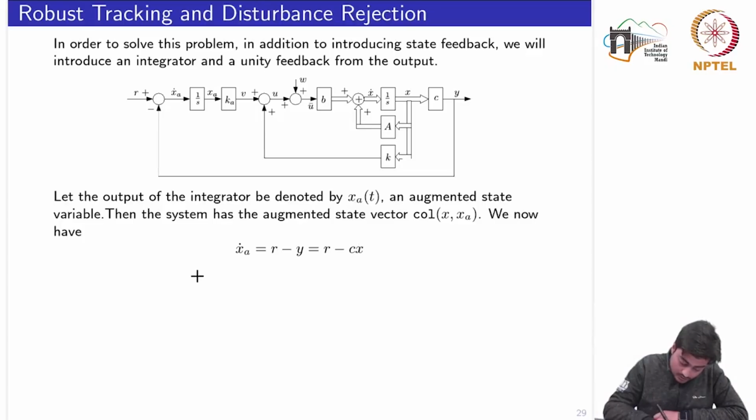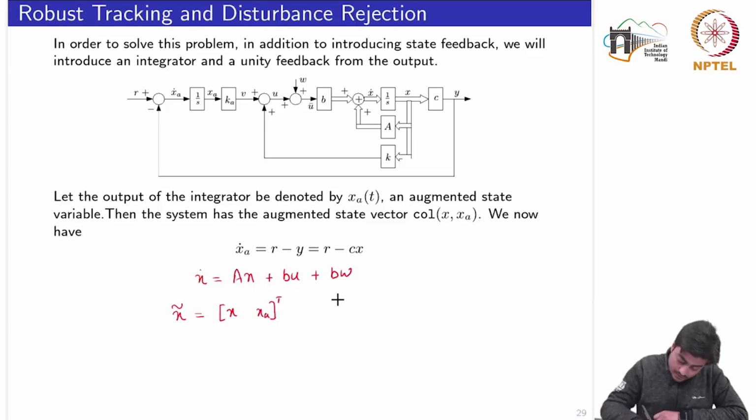So if we recall our original plant, which was x dot equals ax plus bu plus bw, and if I augment this state and form a new vector, let's call it x tilde, and denote a new state vector as x and xa transpose.